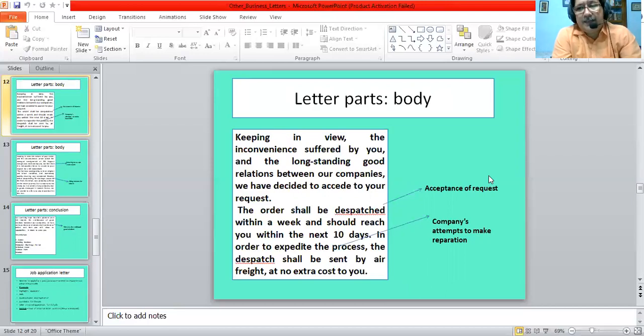So this is the company's way of expediting the process, and also it's a gesture of goodwill to the long-standing customer. So this is the way in which the claim is accepted by the company.